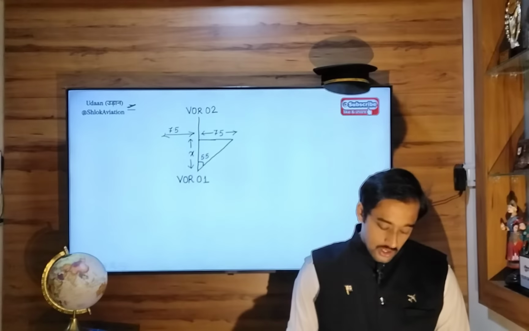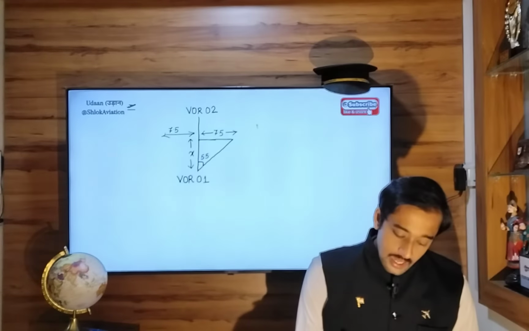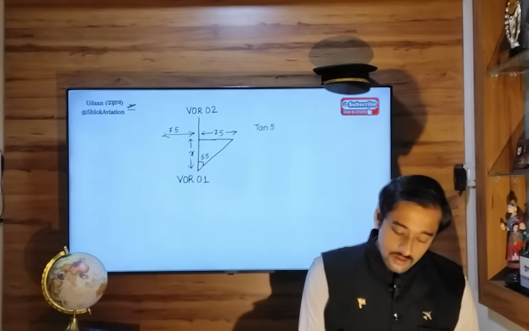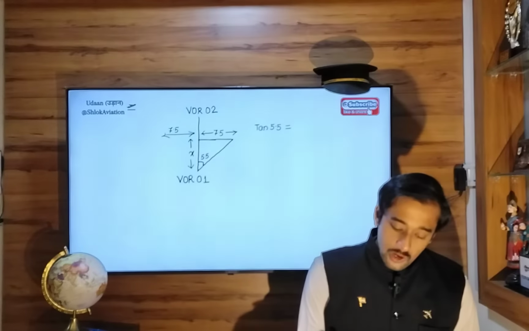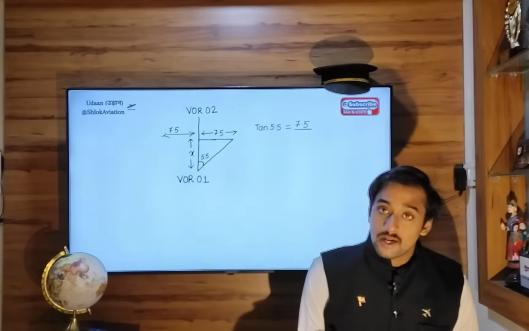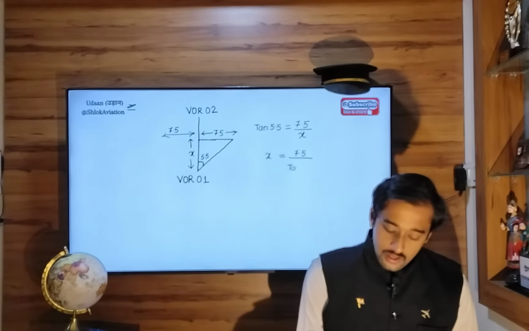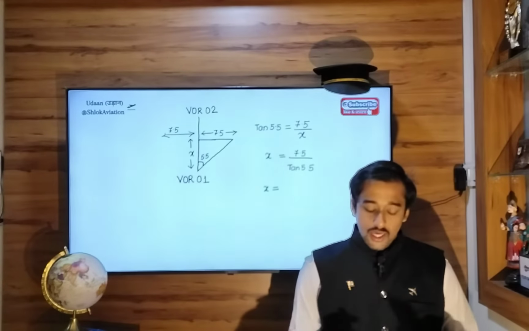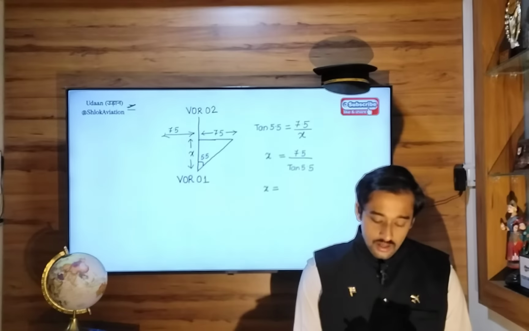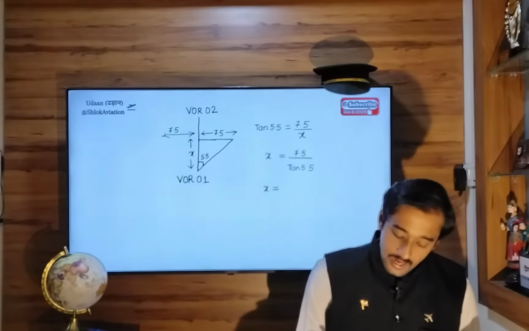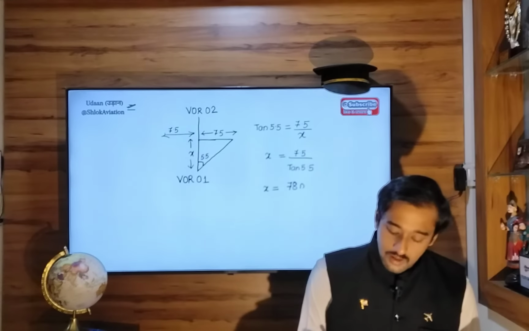It will be equal to tan of 5.5 equals 7.5, which is opposite side, divided by adjacent side. So x will be 7.5 divided by tan 5.5, which is 77.8 or 78 nautical miles.